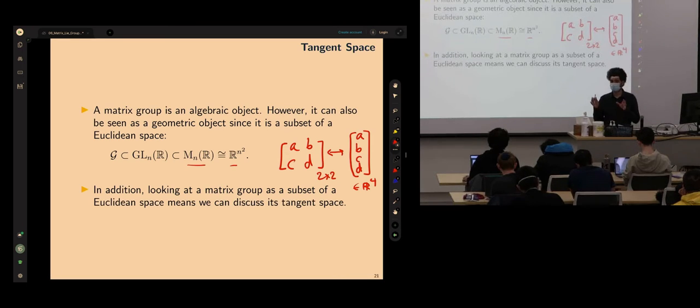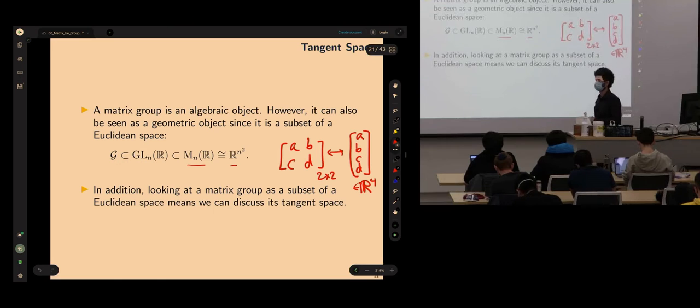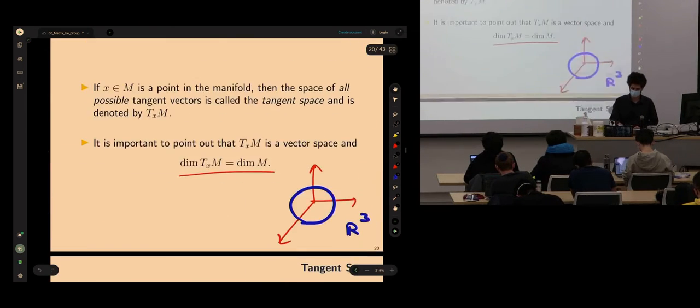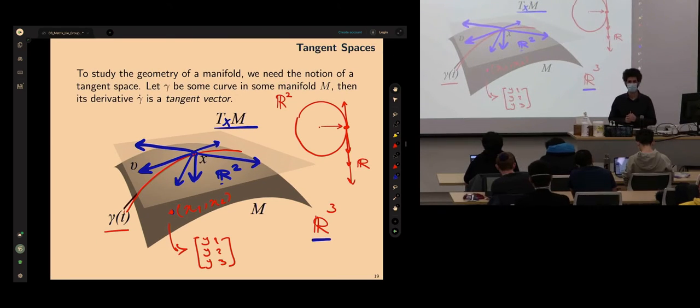Now, your matrix has some constraints. It's not all of them. Maybe you're working with orthogonal groups, right? So it's not going to be the entire, let's say, R4. It's more like this surface. So for your matrix group, we do not know the shape of all of them.